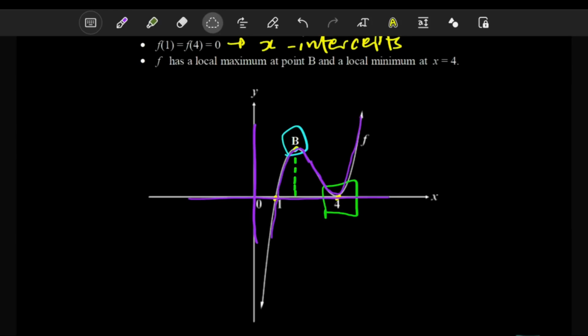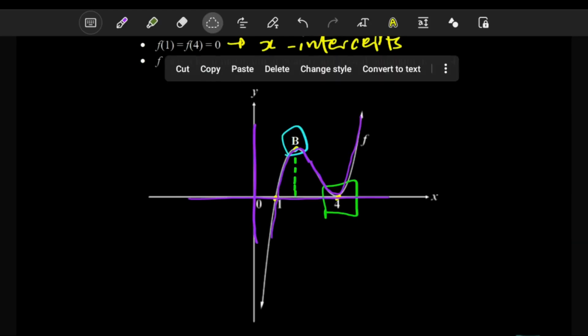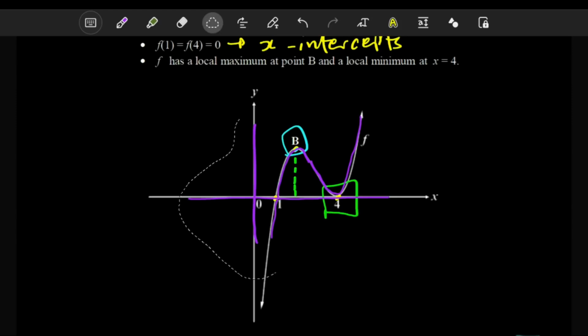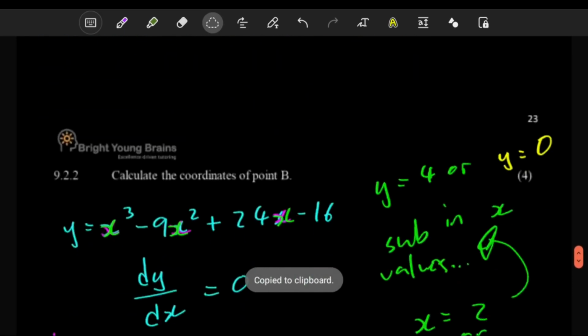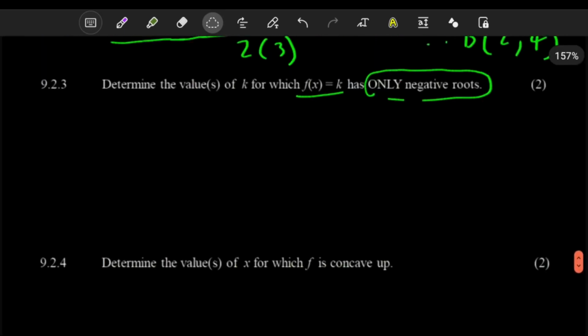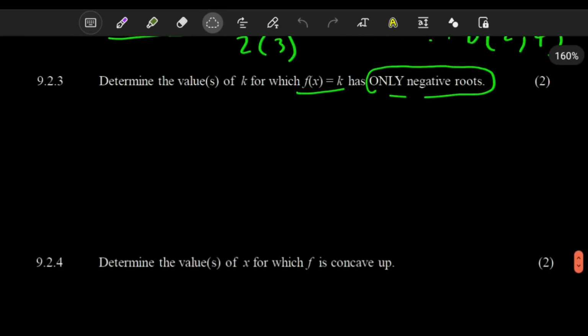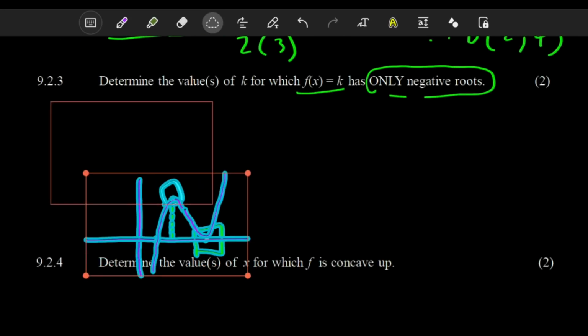So let us do what can happen here. To answer this question, using a sketch is the best way to do it, because sketches make the world go round.